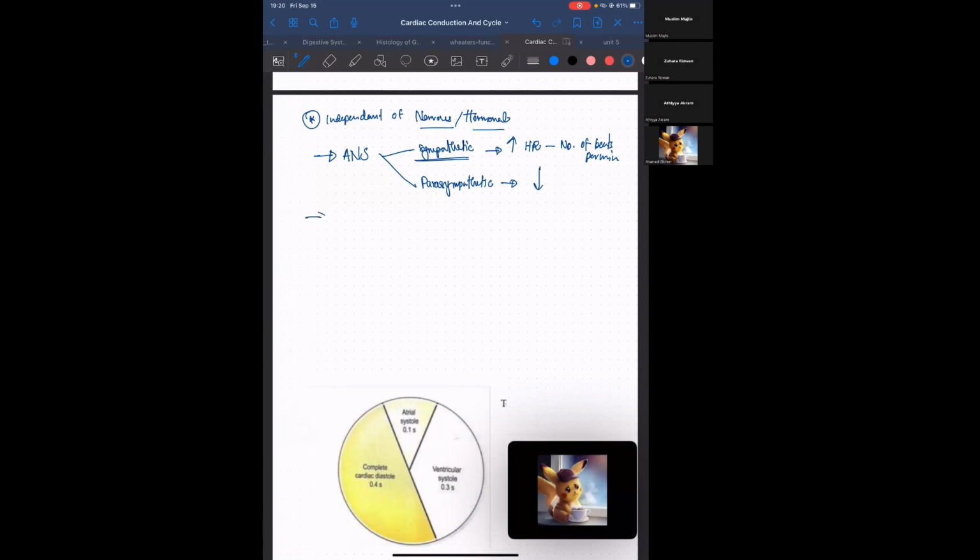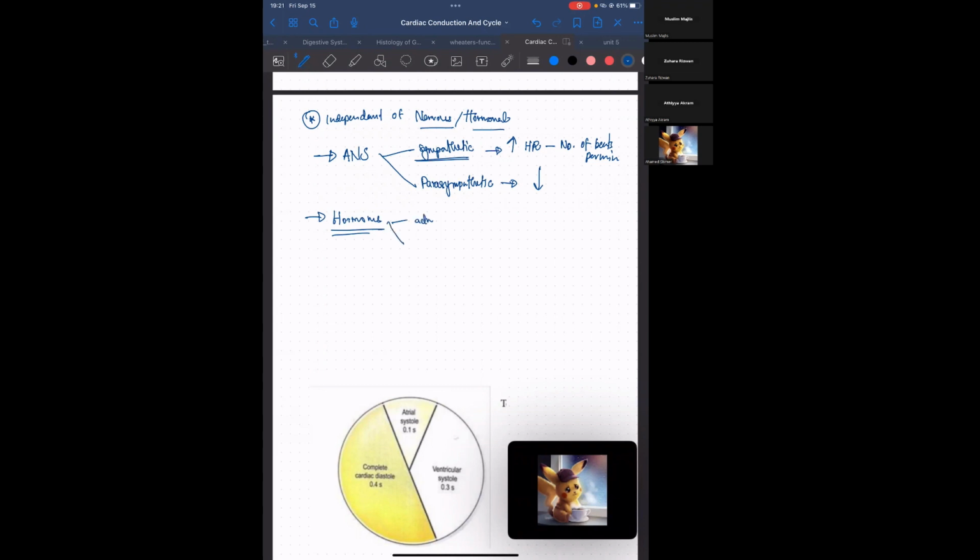And the heart is also responsive to circulating hormones, like adrenaline and thyroxine.